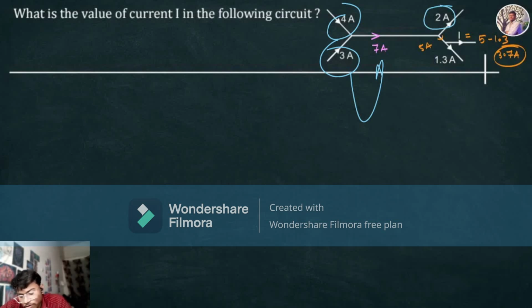So what will be the current here? It will be 5 ampere in the third branch. So 2 plus 5 is minus 7, so it will be 3.7.